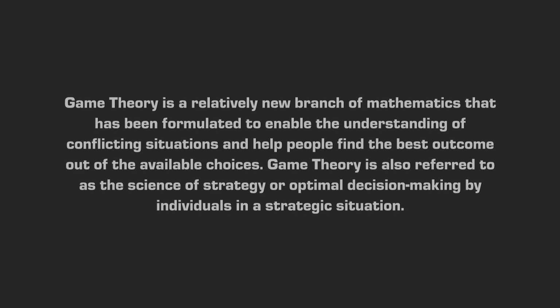Now, talking about the game theory. Game theory is a relatively new branch of mathematics that has been formulated to enable the understanding of conflicting situations and help people find the best outcome out of the available choices. Game theory is also referred to as the science of strategy or optimal decision making by the individuals in a strategic situation.